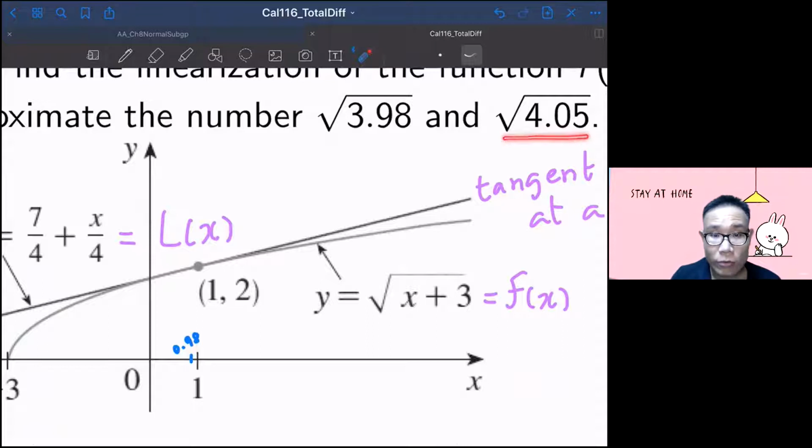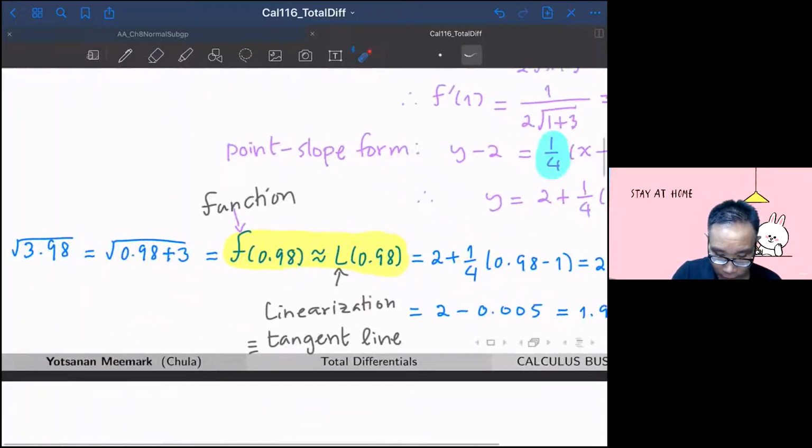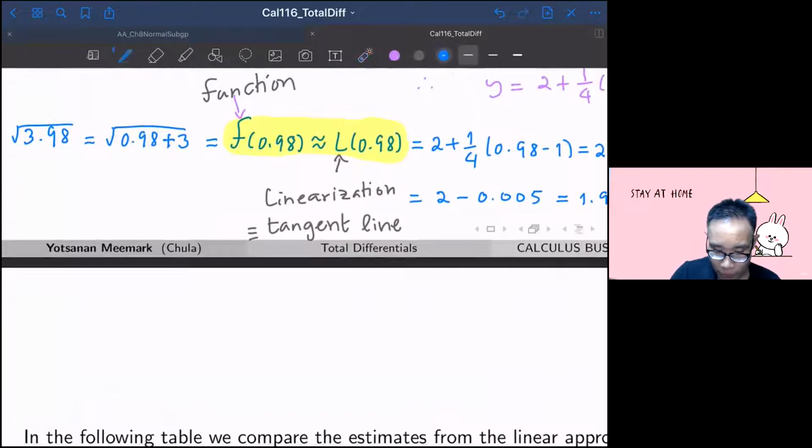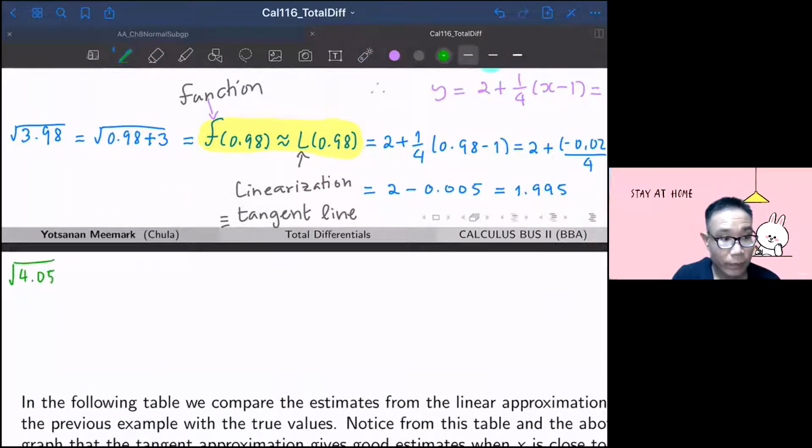What if you'd like to find the approximation for the square root of 4.05? So I'm going to use this space. For 4.05, the square root of 4.05 will be the square root of 1.05 plus 3, and after you have 1.05 here, you'll see that this is f(1.05).